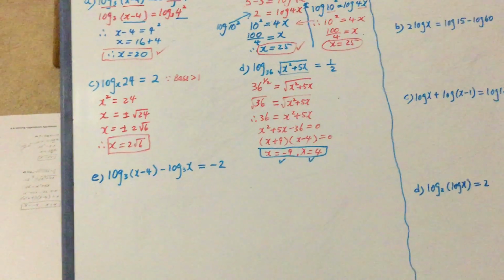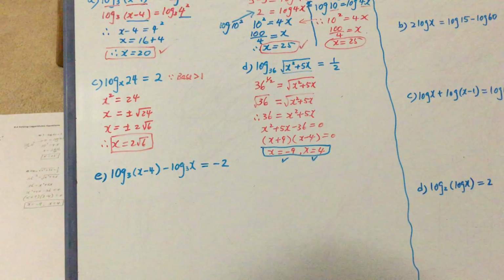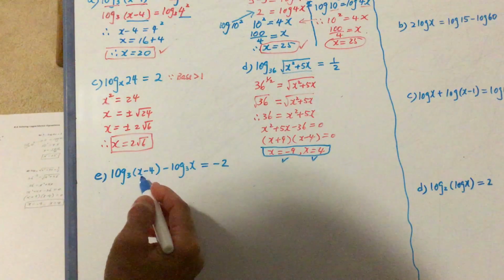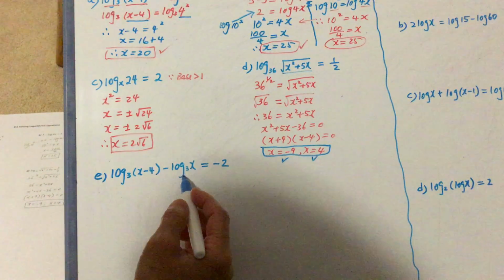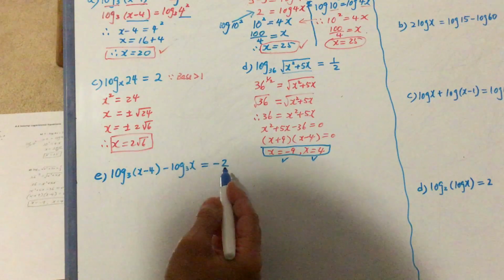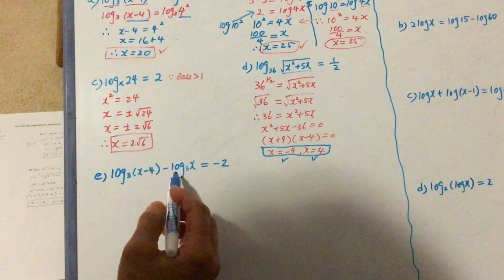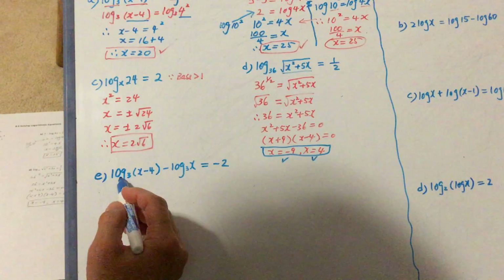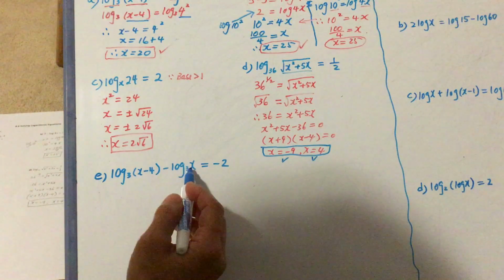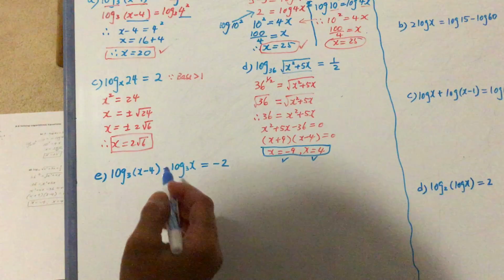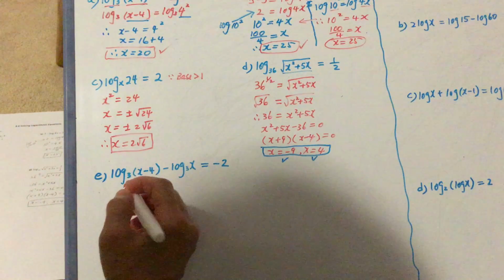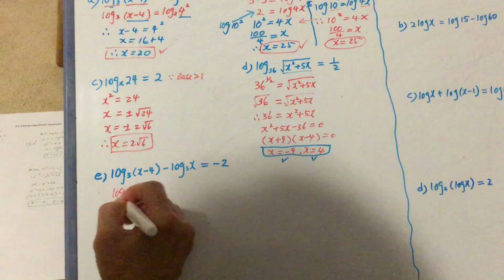And finally, 1e, I have log base 3 of x minus 4 minus log base 3 of x equal to negative 2. So remember the law: whenever you have the same base, log 3 and log 3, but subtraction, that means I can combine them.